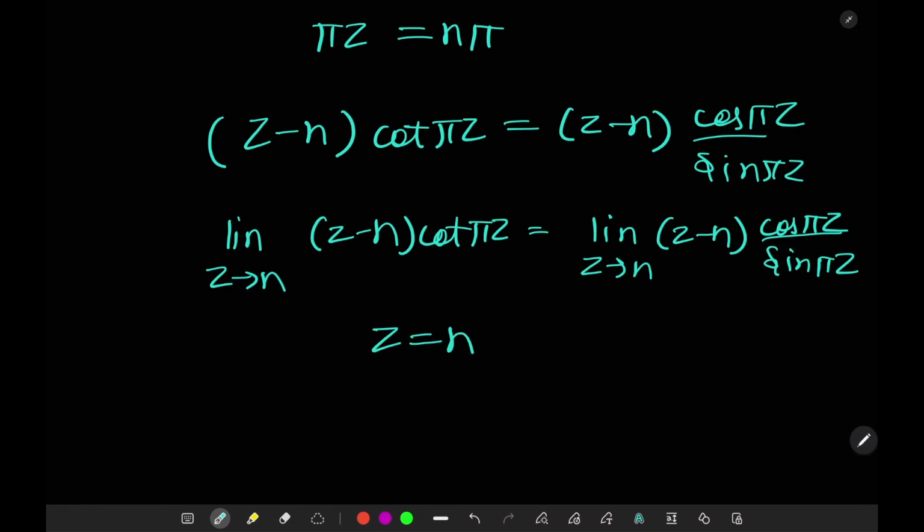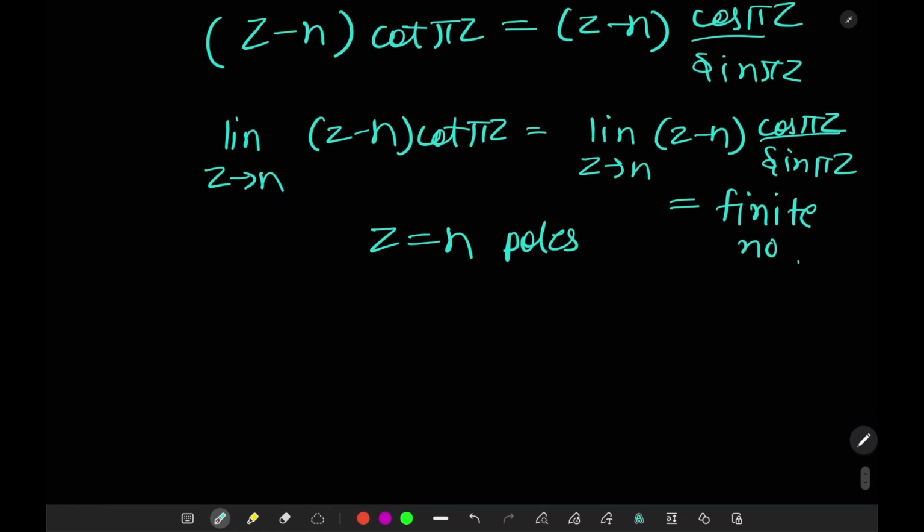So z equals n are poles. Here this becomes a finite number. So the limit point of these poles, at z equals infinity, is an essential singularity.